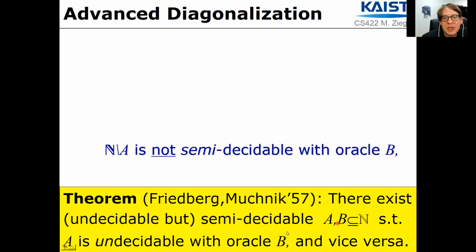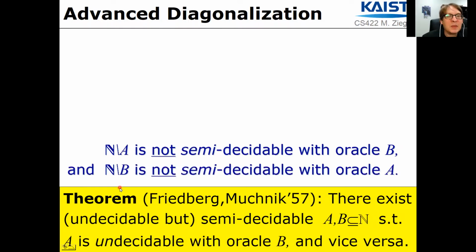Since these two sets A and B are, by hypothesis, semi-decidable, saying that they are undecidable means that their complements are not semi-decidable, and being undecidable with oracle means that also their complements are not semi-decidable with oracle for the first set A, and vice versa, meaning the same is true for the complement of the set B, not semi-decidable even with oracle A. And we're actually going to construct such sets. Okay.